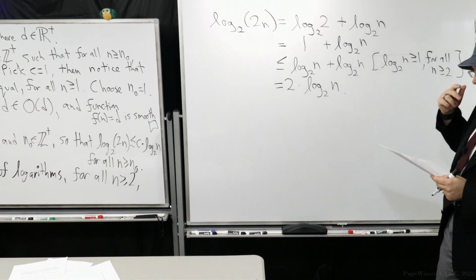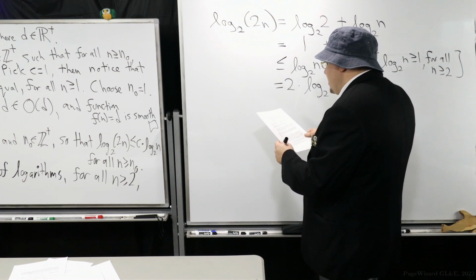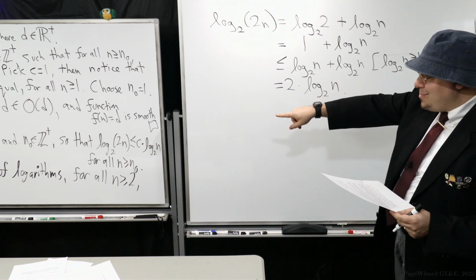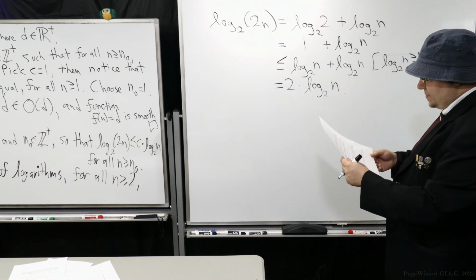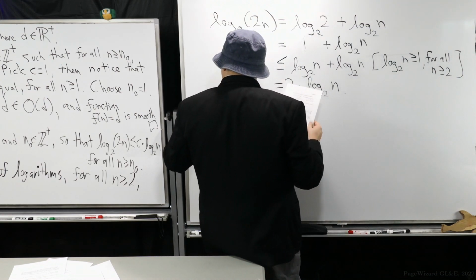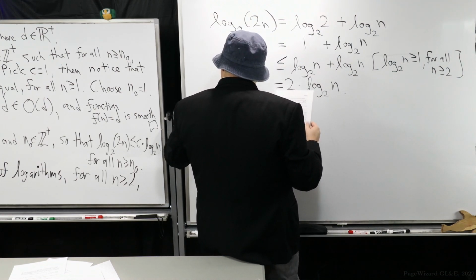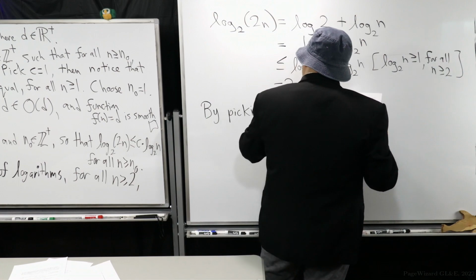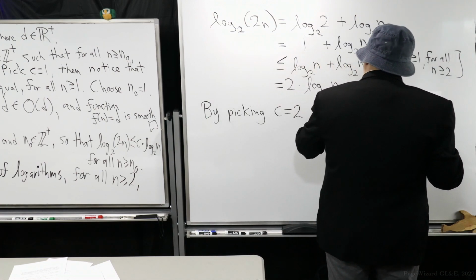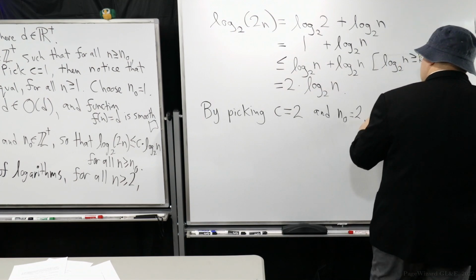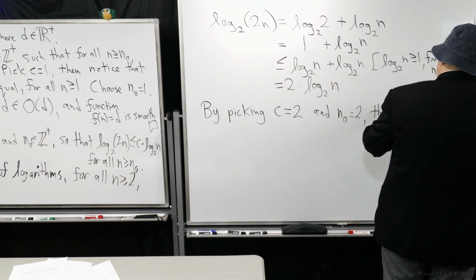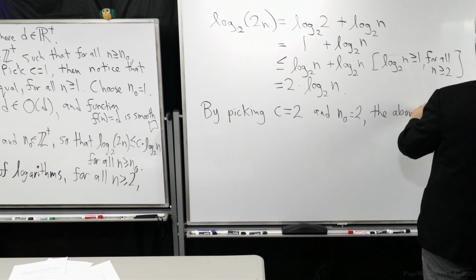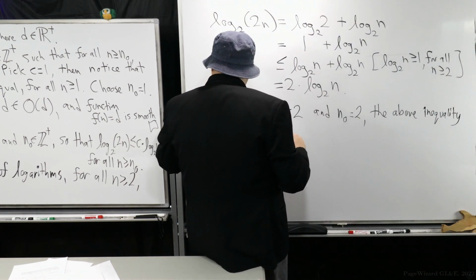So now what am I going to do? Well, if I make c equal to 2, so by picking c equal to 2 and n0 equal to 2, the above inequality is satisfied, right?